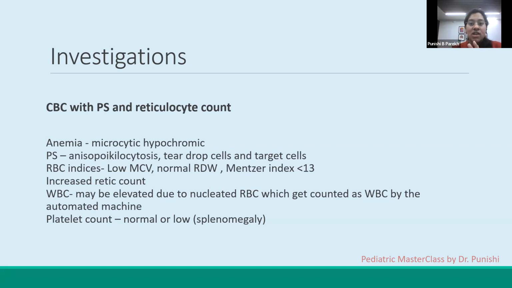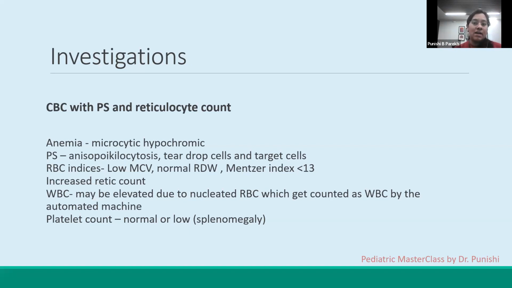It doesn't differentiate what cells they are because it doesn't see them, it just measures them. So when you have nucleated RBCs, they're of the same size as WBCs. So the machine calculates those nucleated RBCs as WBCs, and that's the reason why the WBC count that you get on a hemogram, which has not been seen on a peripheral smear, will be very high, because the NRBCs are calculated as WBCs.